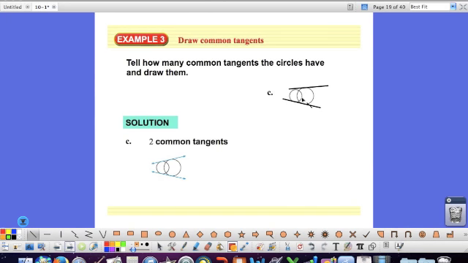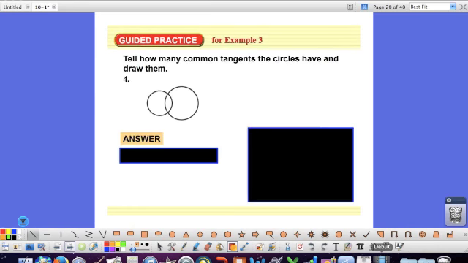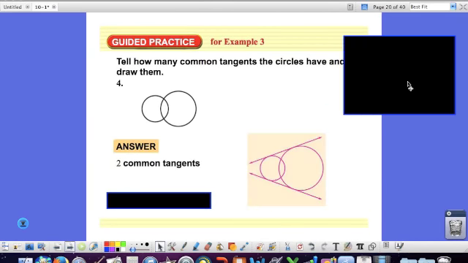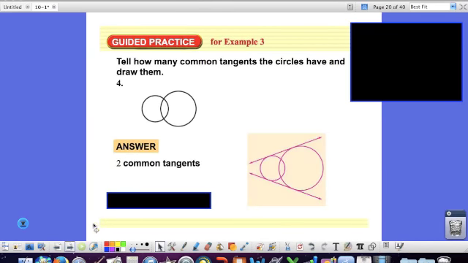None in the middle, because then the tangents would intersect in more than 1 point. And tell how many common tangents these circles have and draw them. Kind of just did that example. It's 2 common tangents, and that would be how they are drawn.